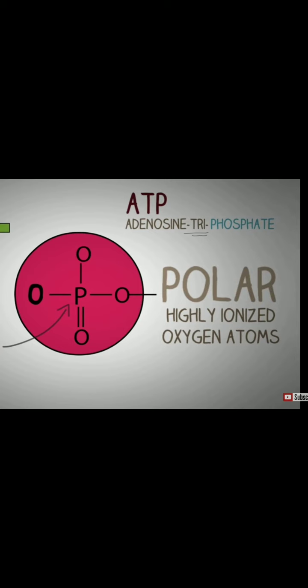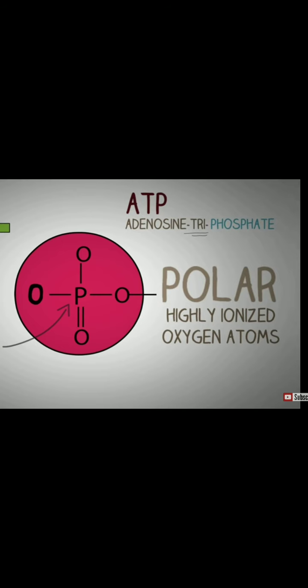However, in ATP we have 3 molecules of phosphate which are attached to one another by high energy bonds. The phosphate group is a polar molecule with highly ionized oxygen atoms which impart a negative charge to the phosphate group.